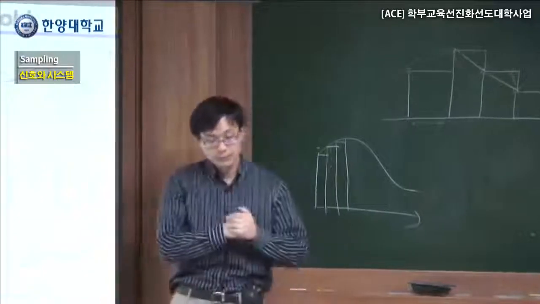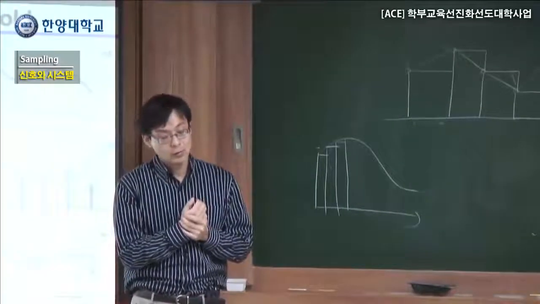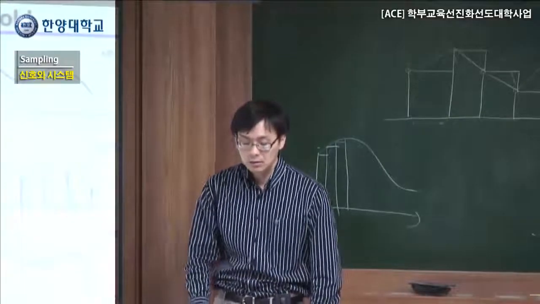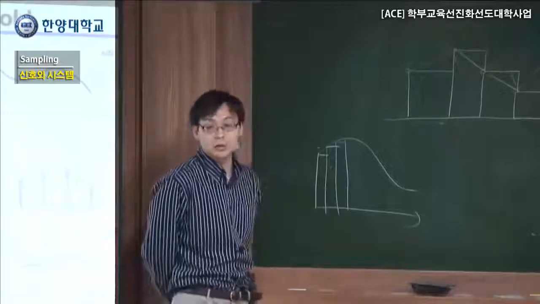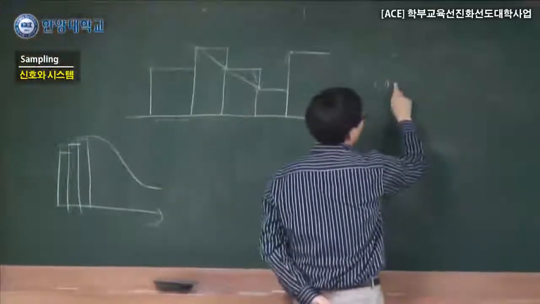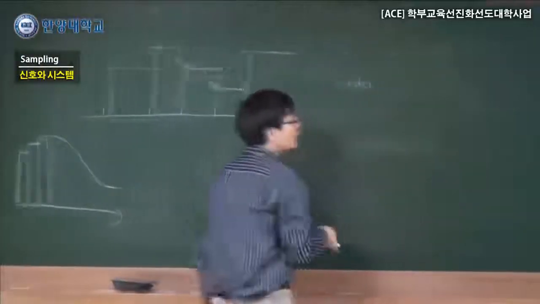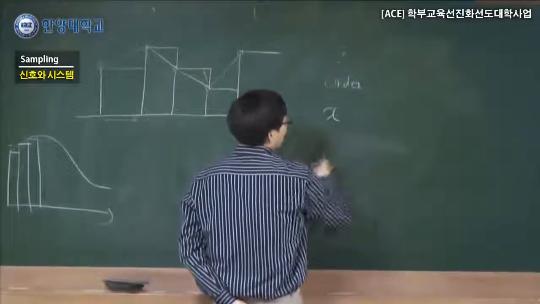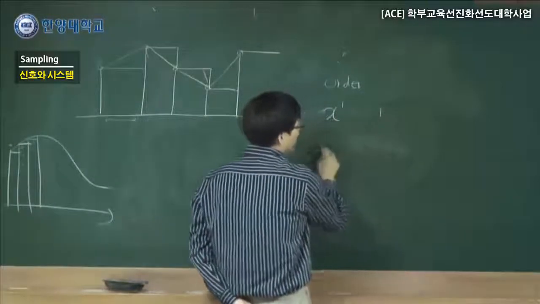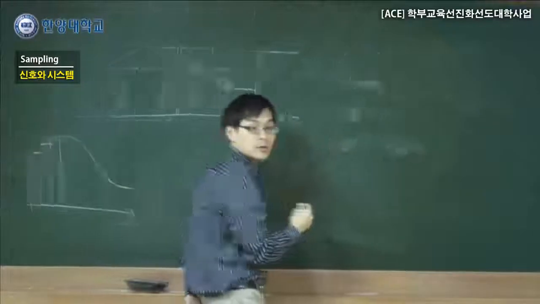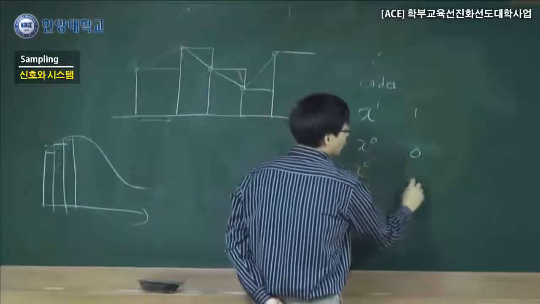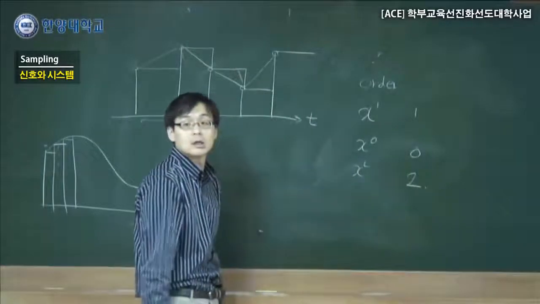So in a zero order hold signal, why do they use zero order? What is the order? Order often refers to this: if you have x1, this is order 1, x0 means order 0, and x2 is order 2, something like this. That's the order.